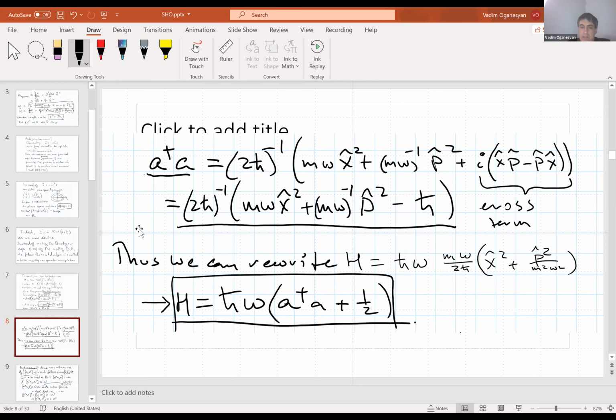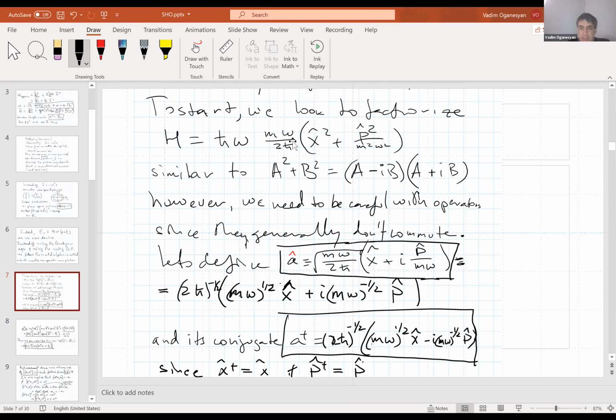So you can see that if you pull out this -h bar and you look at the 1/2 h bar here, that will be -1/2. If you move out this m omega, there'll be 1/omega squared. So there's actually an exact match to this guy as advertised.